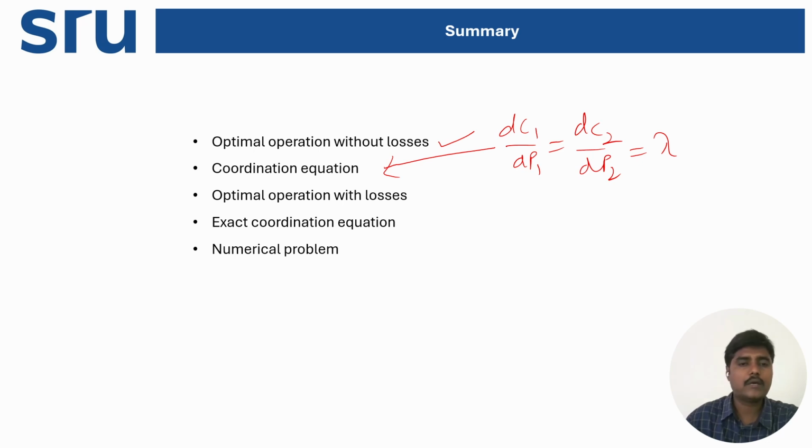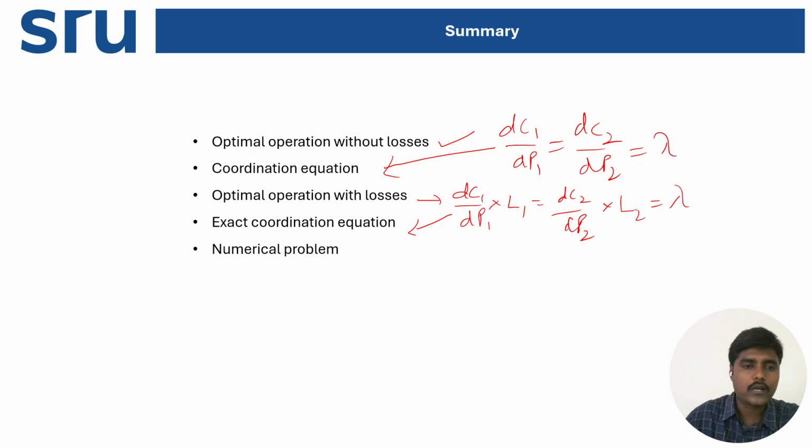And next we discussed case 2, that is optimal operation with losses. With losses, the condition is modified as dC1 by dP1 into L1 is equal to dC2 by dP2 into L2, that is equal to lambda, the Lagrange multiplier. This particular equation is called the exact coordination equation.